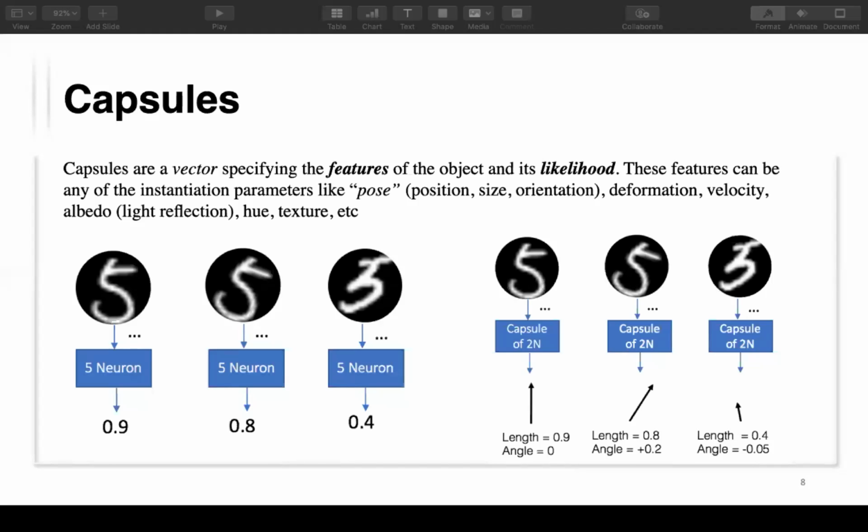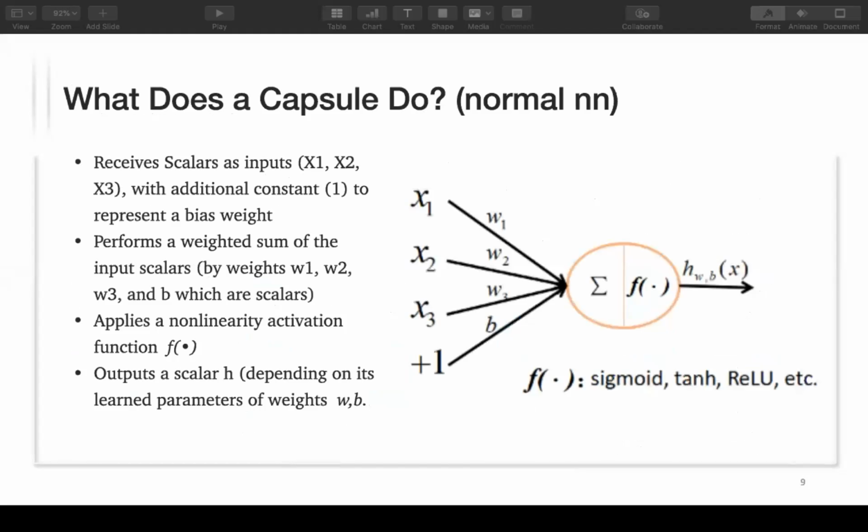Okay, so I continue. So what does the capsule do? Let's first look at a normal neuron. For a normal neural network, the input of the neuron is scalars, like x1, x2, x3.